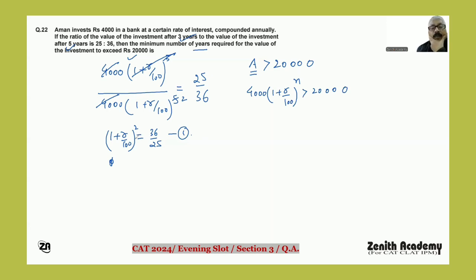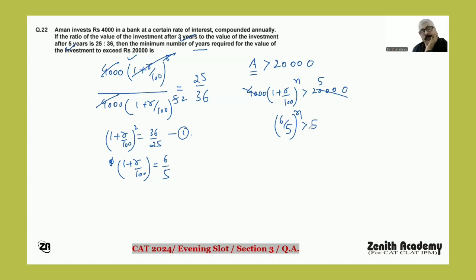Here we found 1 + R/100 is 6/5. So it is (6/5)^n times 4,000. Dividing by 4,000, we have to find the value of n such that (6/5)^n is greater than 5.